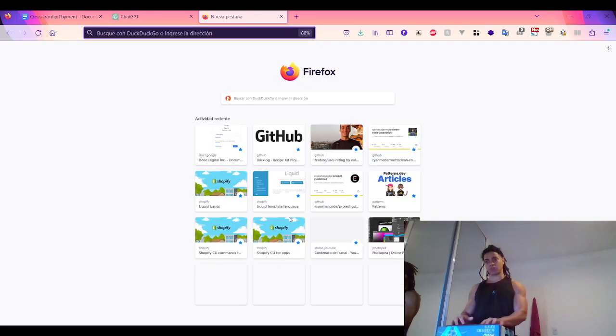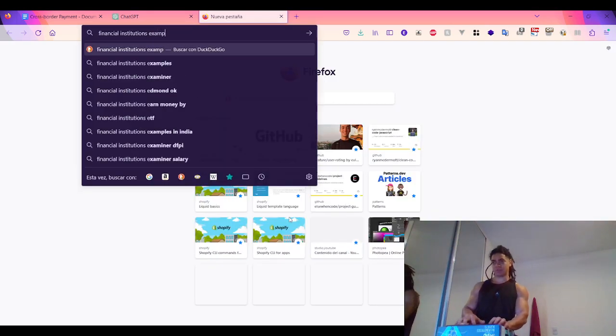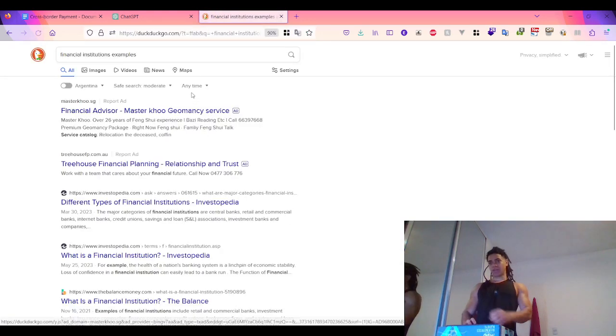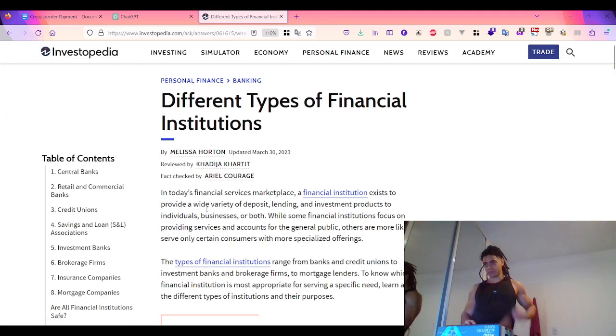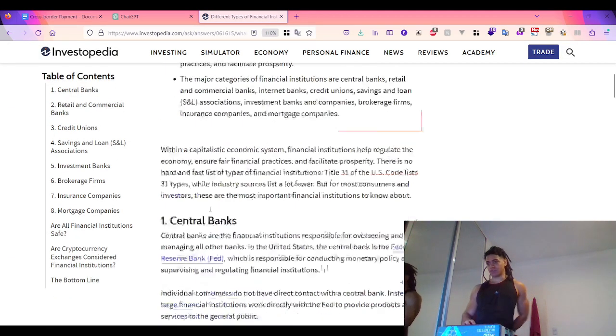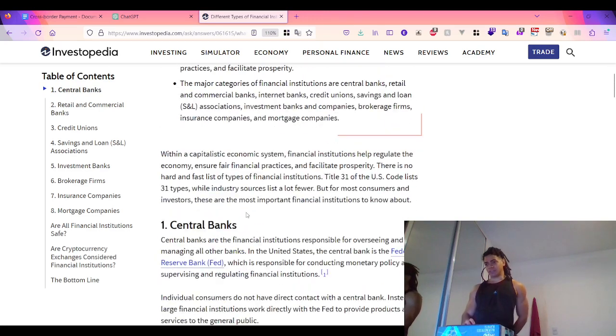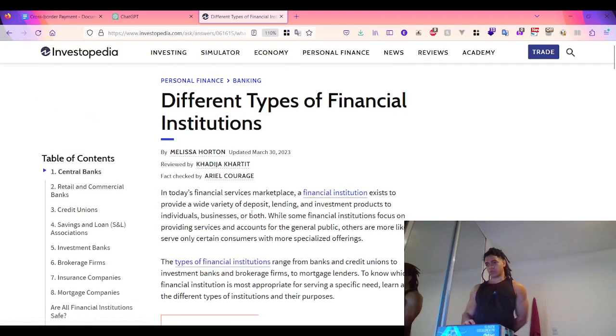Let me now Google this. Here are the different types of financial institution according to Investopedia, such as central banks. In today's financial service marketplace, a financial institution exists to provide a wide variety of deposit, lending, and investment products to individuals, businesses, or both.